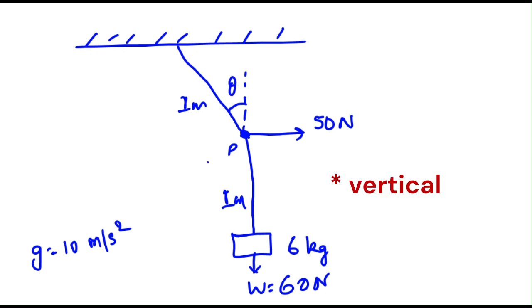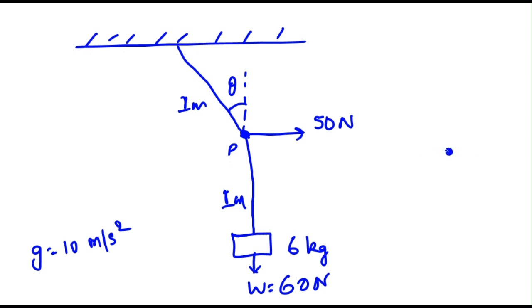We can resolve all these forces into their components along the x-axis and y-axis, and then apply our concept of equilibrium. If this point is in equilibrium, the total forces acting on it should result in zero net force. So let's check what forces act on this point.